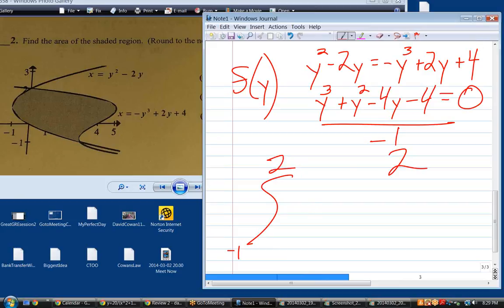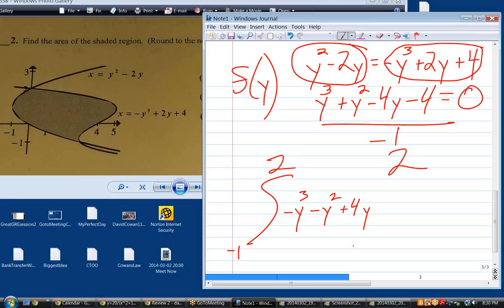And I'm going to integrate this function minus that function, which gives you minus y cubed minus y squared, plus 2y minus a minus 2y is plus 4y, and then 4 dy.